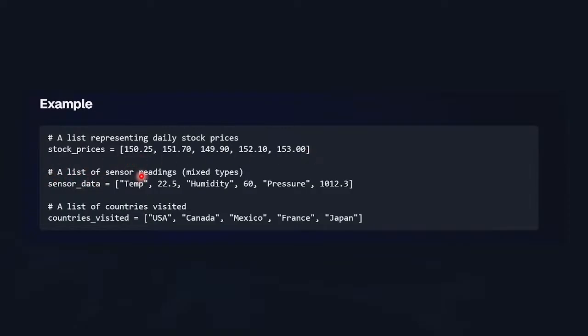We can also store temperature readings or any sensor readings, like for temperature the reading was 22.5, or humidity it was 60. If I want to store the countries I visited, I can form a list and write all the countries I have visited till now.